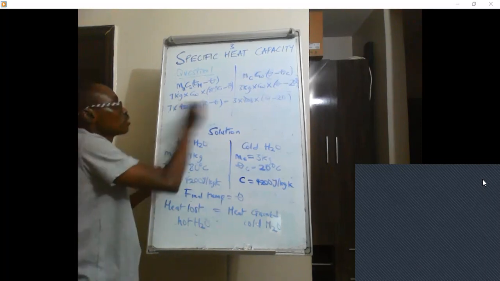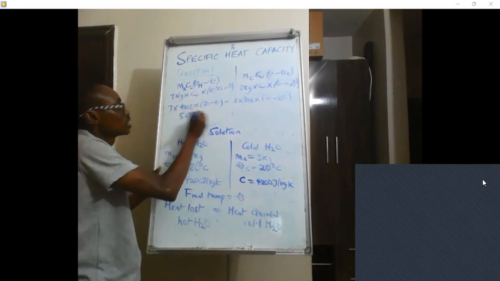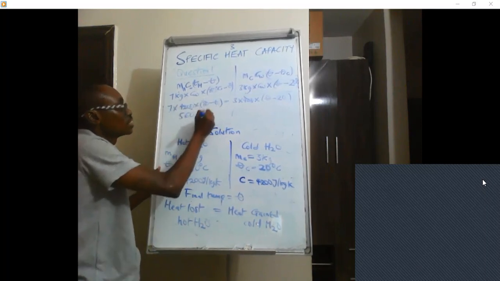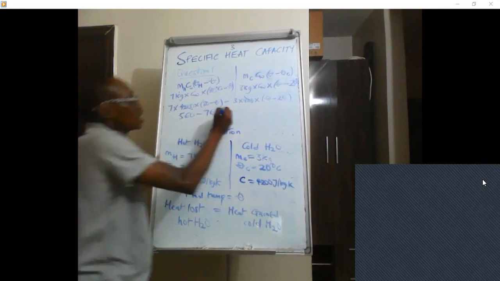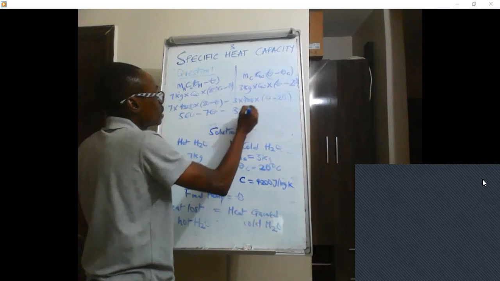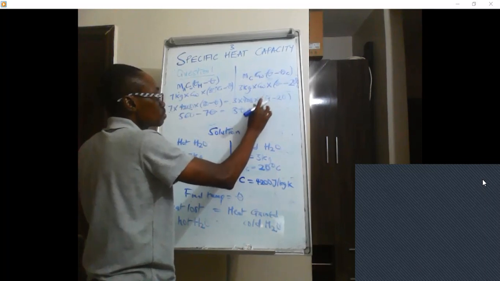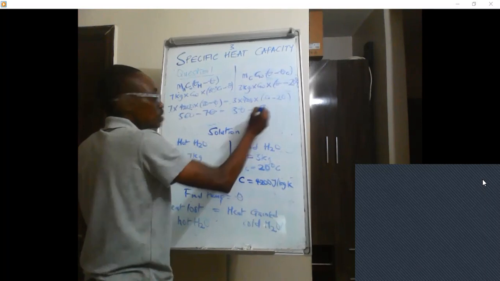So we have 7 times 80. This is 560. 7 times theta, 7 theta, equals 3 times theta, 3 theta, minus 3 times 20, which is 60.